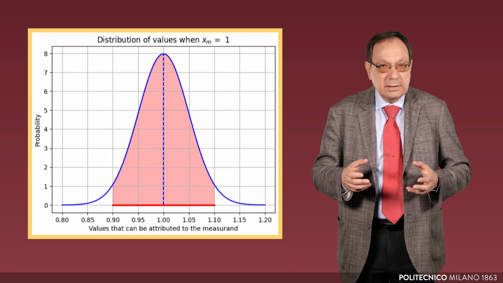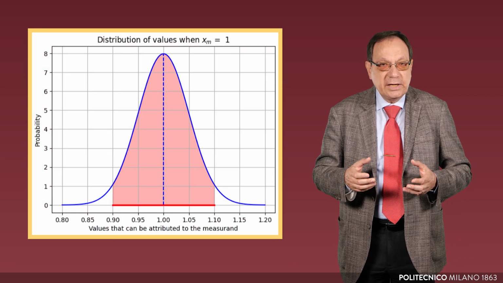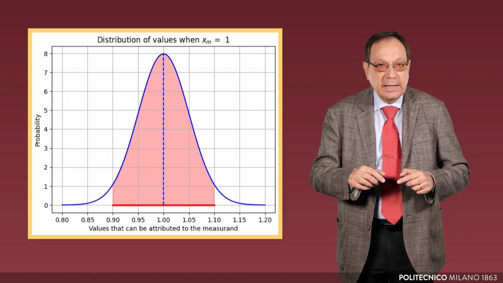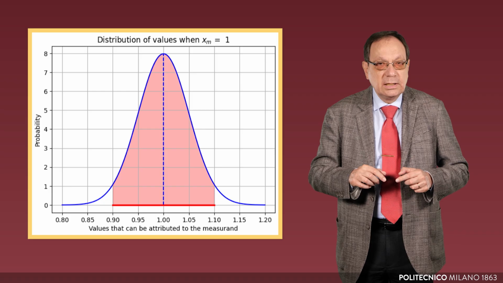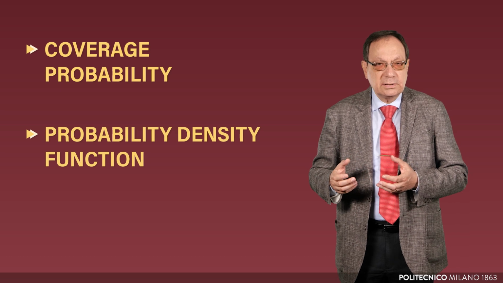If we consider an expanded uncertainty equal to 2 times the standard uncertainty, then the probability represented by the red area in the figure that the value of the measure falls within the interval xm plus or minus the expanded uncertainty is equal to 95.45%.